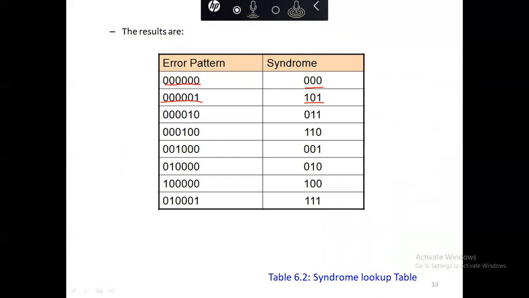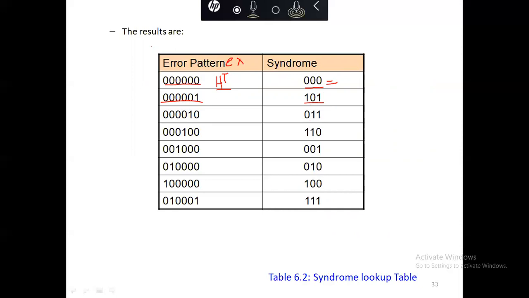So we can set this table by multiplying the error patterns with H transpose, because we know that an error when multiplied by this H transpose will give you the corresponding syndrome. So multiply all these error patterns and calculate the corresponding syndromes.